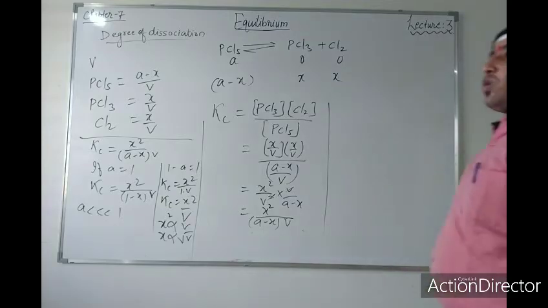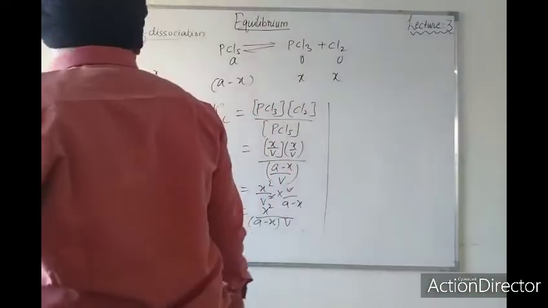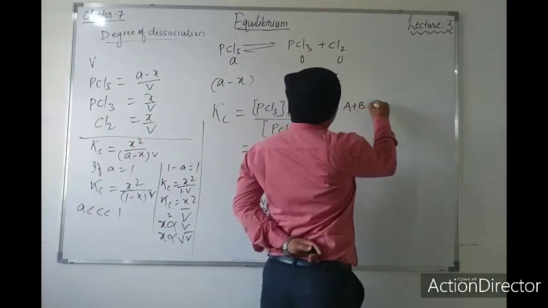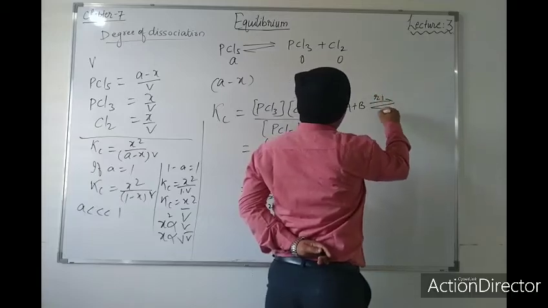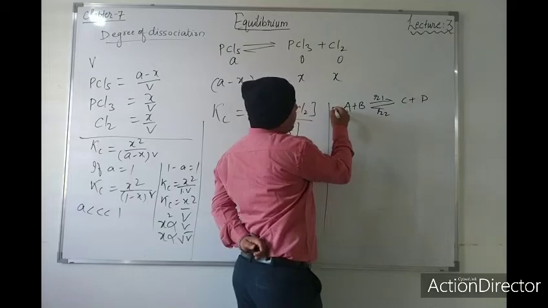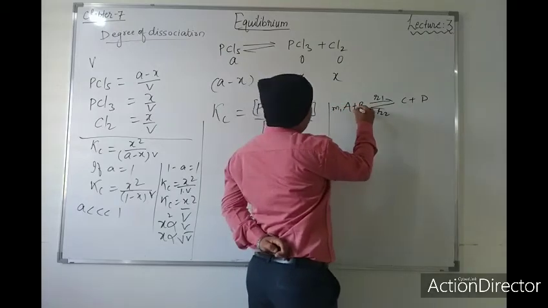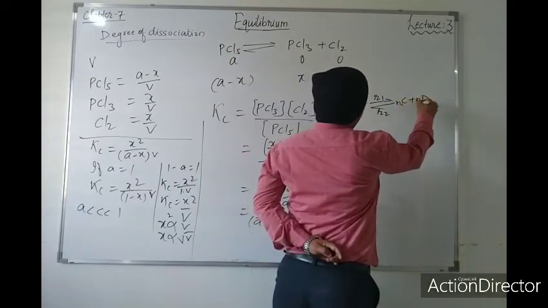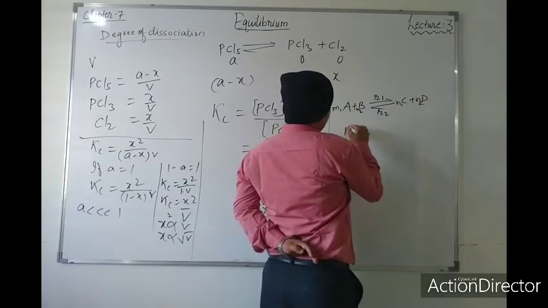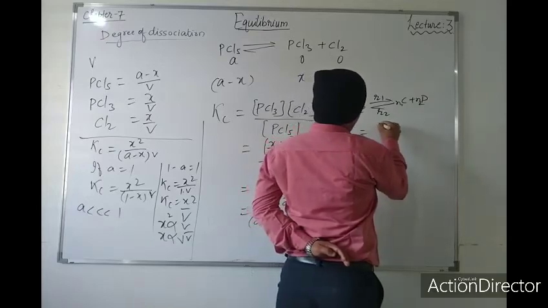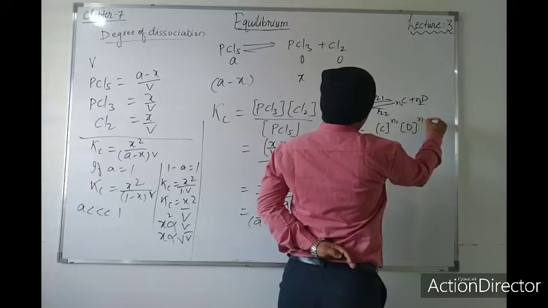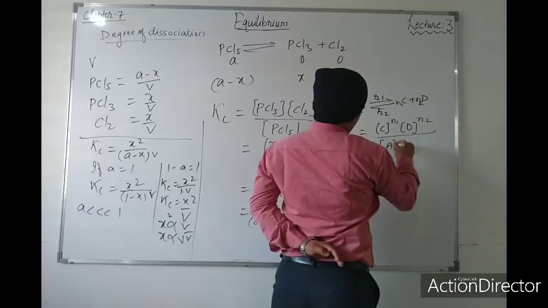See, if you don't know how to write, as I have told you in the reactions, A plus B gives C plus D, and I have shown you this was the rate of reaction. Whatever the coefficient terms you can take here, M1, M2, N1, N2. If you want to write the equilibrium constant, then the equilibrium constant is equal to the concentration of products upon the concentration of reactants.